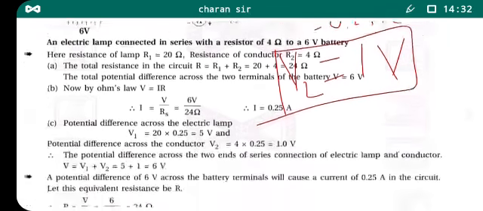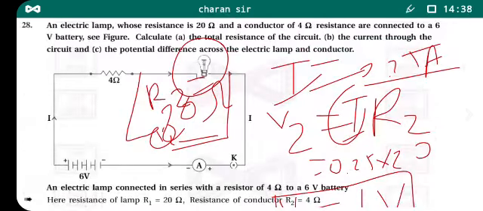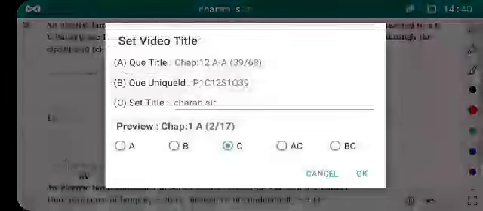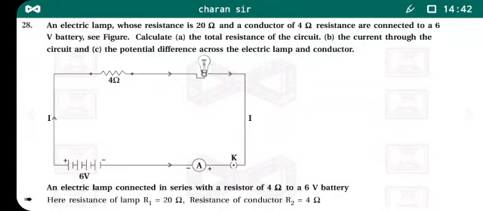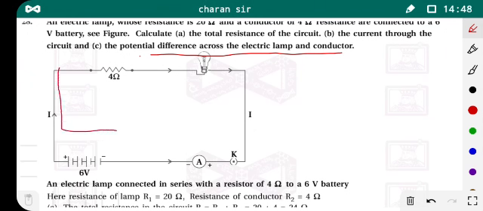Here our question is what is the potential difference across the electric lamp and conductor. We have to find out the potential difference across the conductor and the electric bulb.